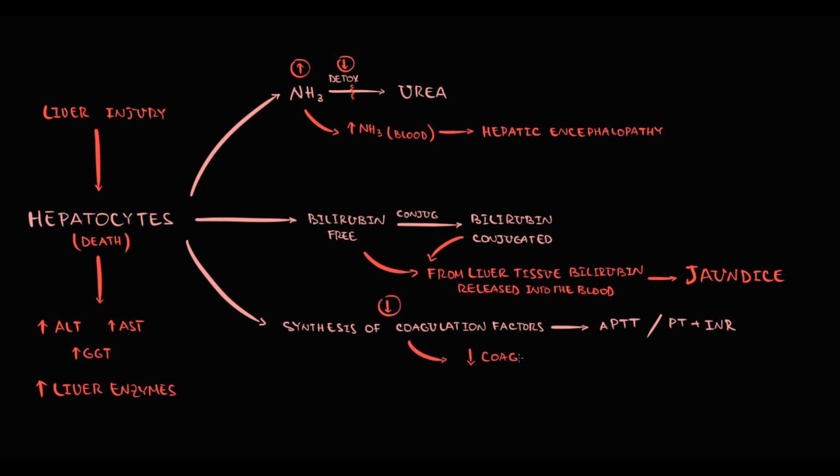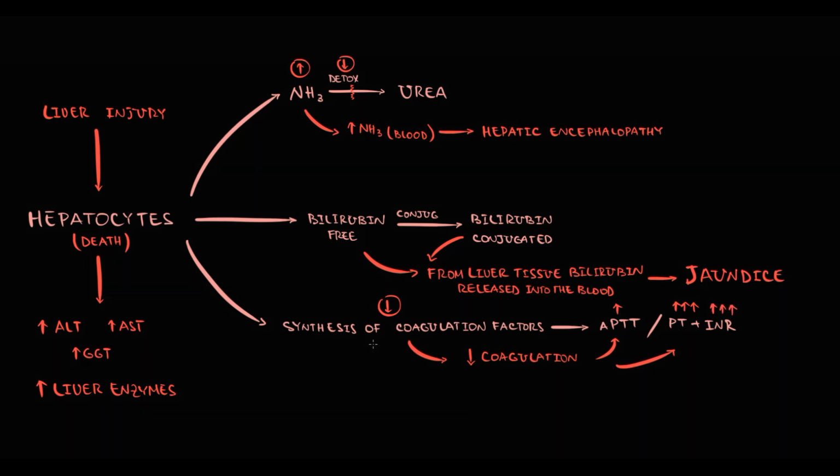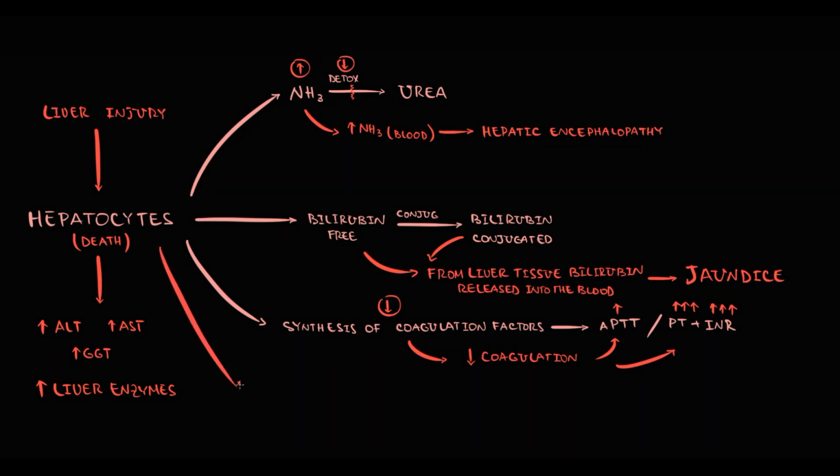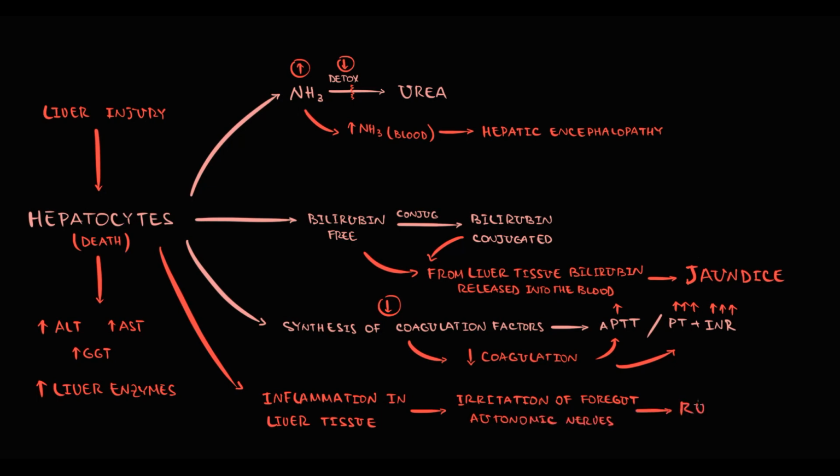Without coagulation factors, the coagulation cascade is not working, and disrupted coagulation causes prolongation in partial thromboplastin time, prothrombin time, and international normalized ratio. Also, severe inflammation inside the liver tissue causes irritation of the foregut autonomic nerves, and irritation of nerves manifests as pain in the right upper quadrant of the abdomen.